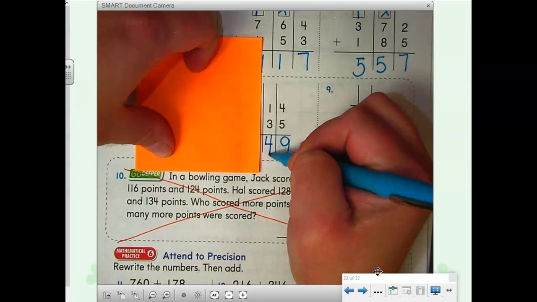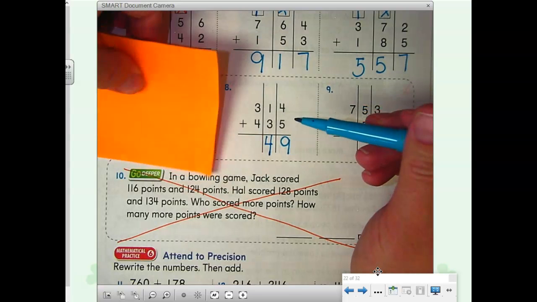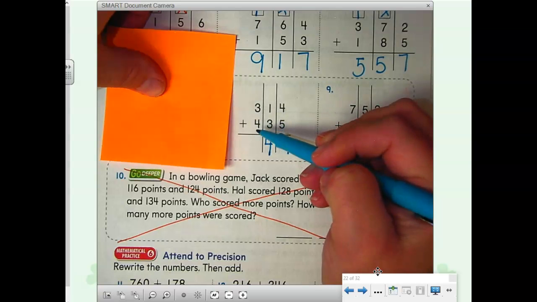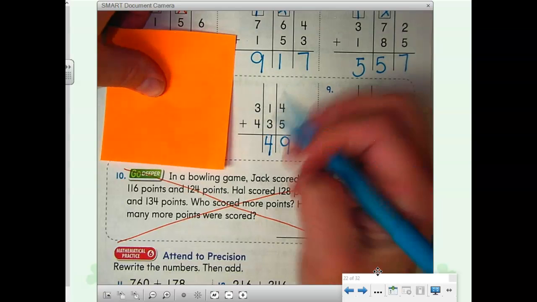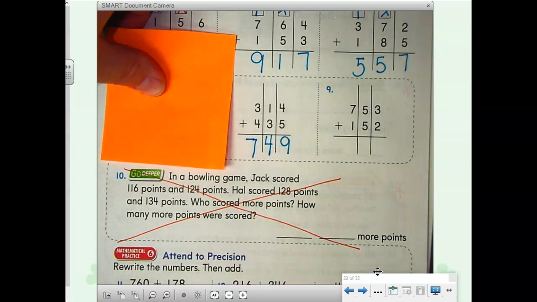Do I need to regroup? No. So our hundreds, 3 plus 4 is 7. My answer is 749.